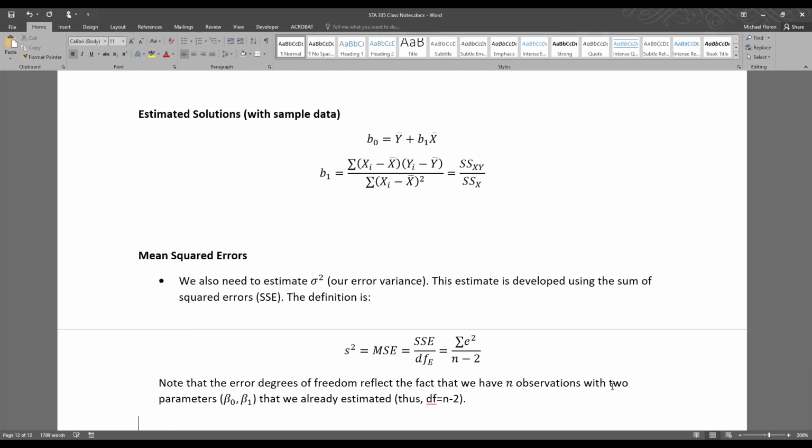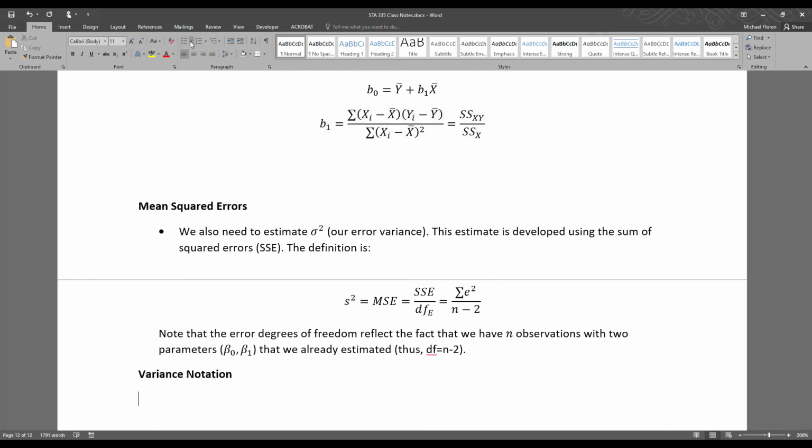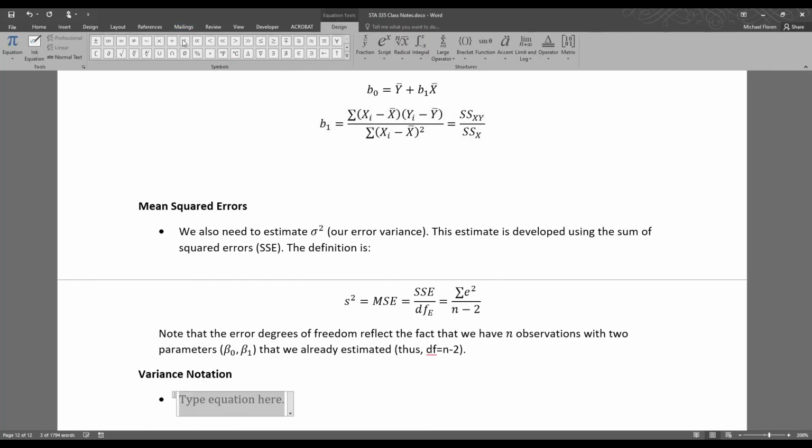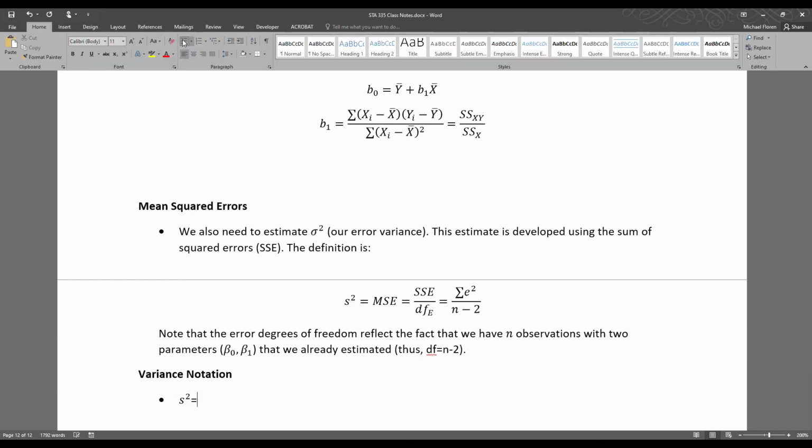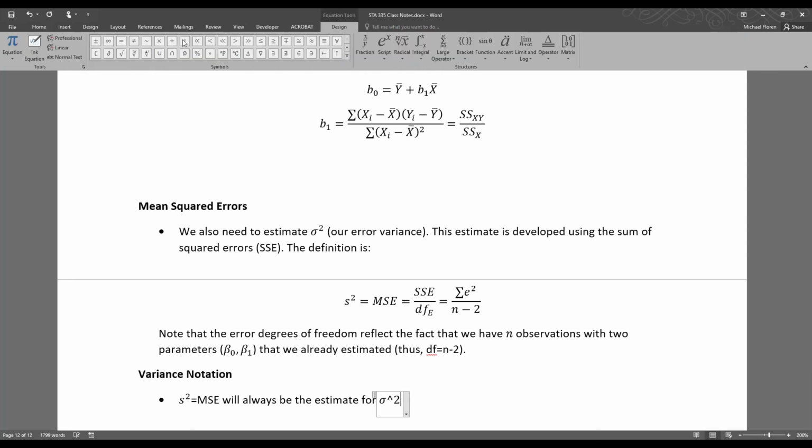In terms of notation, and this will be the last thing that we cover in this video, s squared is referred to as the MSE, as we talked about earlier, and this will always be the estimate for sigma squared.